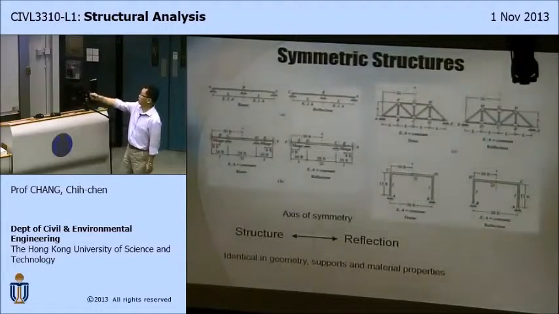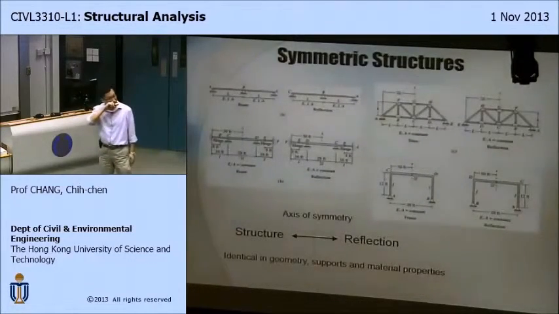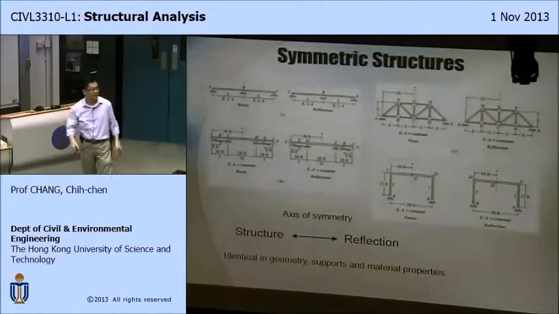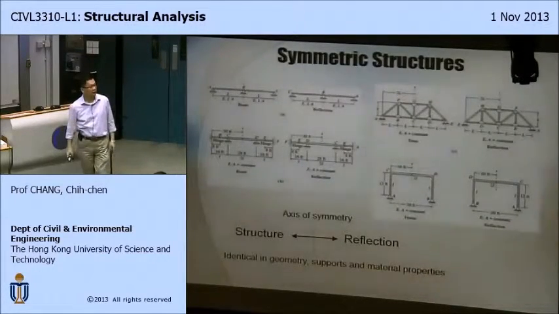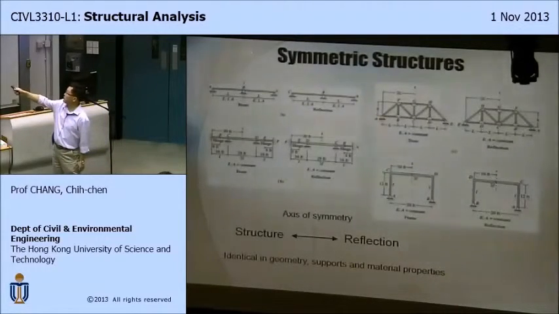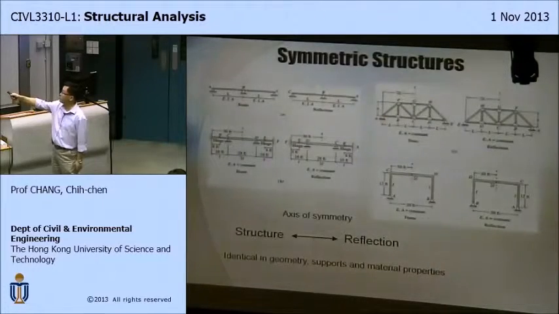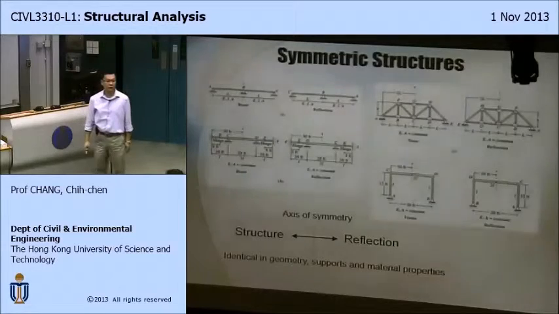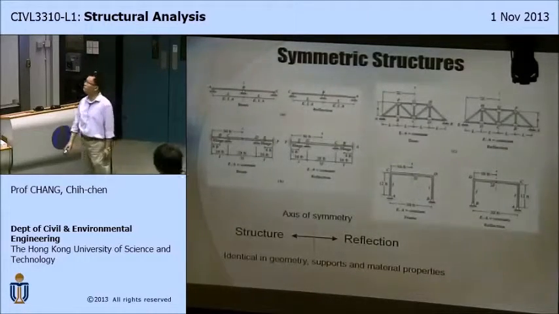So here are a few examples of symmetrical structures. Like this, a roller support and a hinge there, and the material properties and dimensions are exactly the same on both sides. So the axis of symmetry will be right there, and if you flip the structure 180 degrees, the structure will be exactly identical.